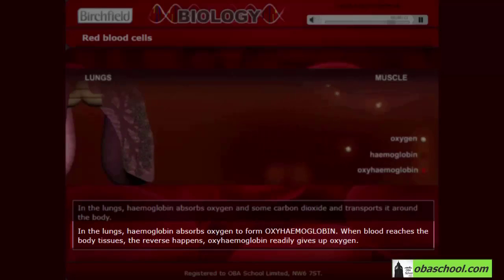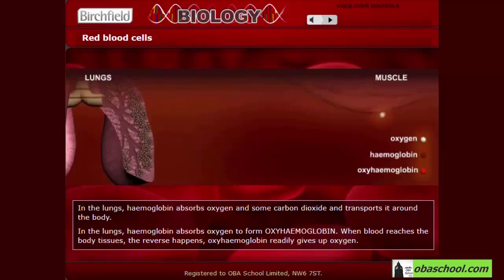And then when blood reaches the body tissues, the reverse of this reaction happens, where oxyhemoglobin gives back oxygen. This is the oxygen that is released to the body cells so that they can use it to make energy.